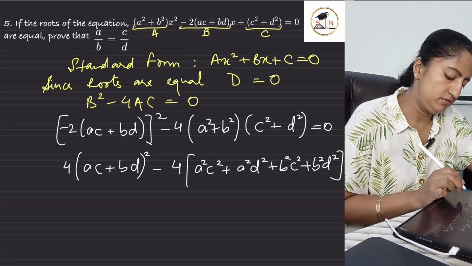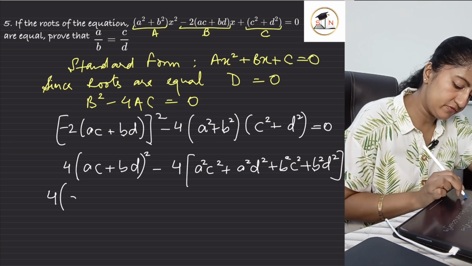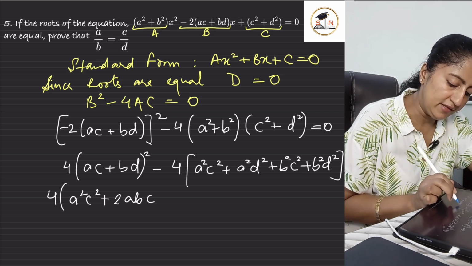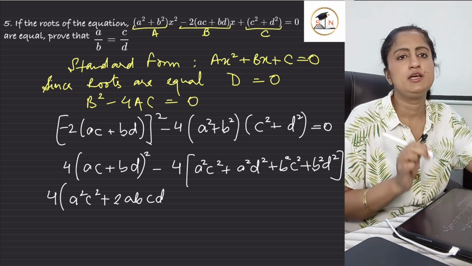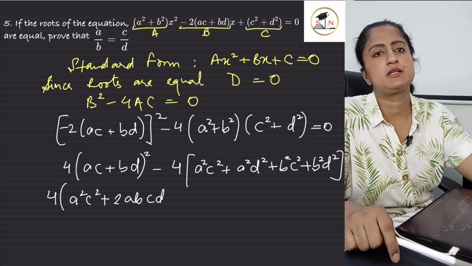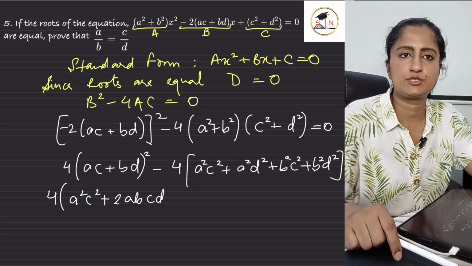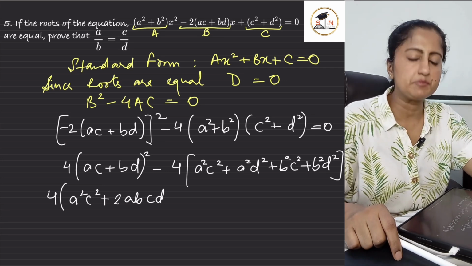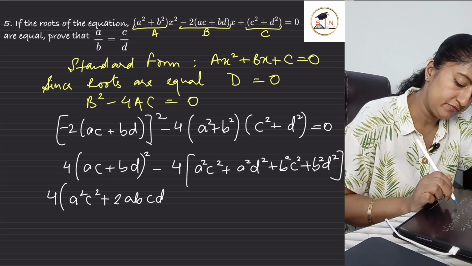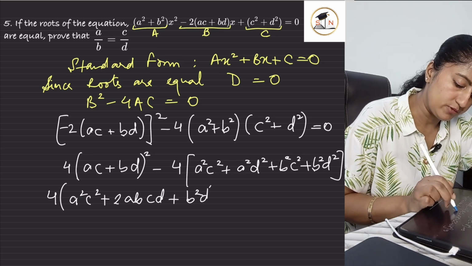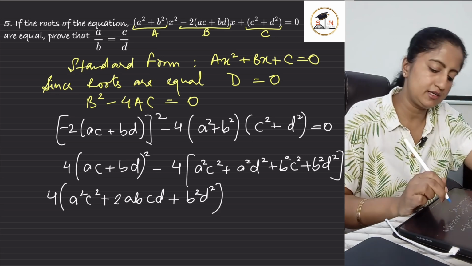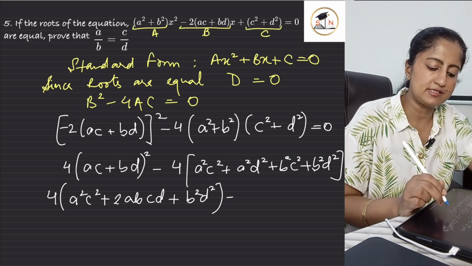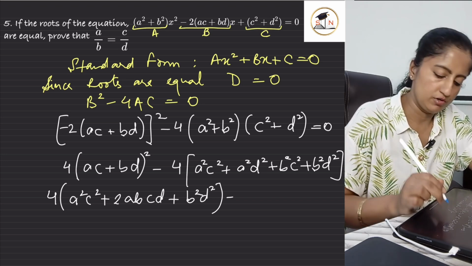Right? Now, 4 times (a square c square plus 2abcd plus b square d square). If I have the identity of x plus y whole square, the middle term is 2xy. So it is 2 into x, x is ac, y is bd. So it is 2xy. Then b square d square. Okay, got that? Now I will open up the second bracket, means I will multiply with minus 4.